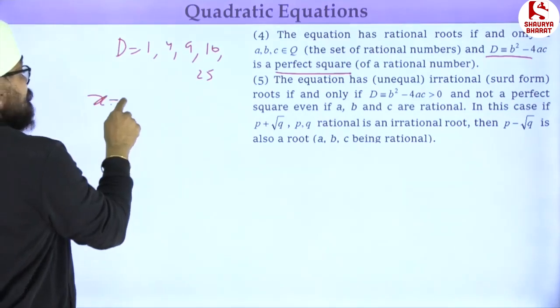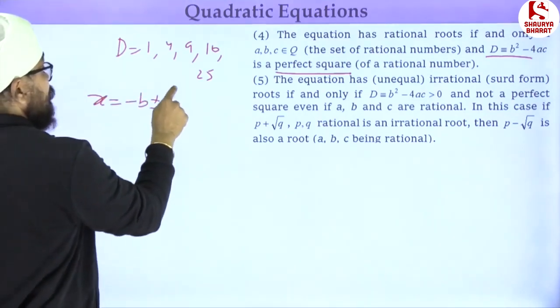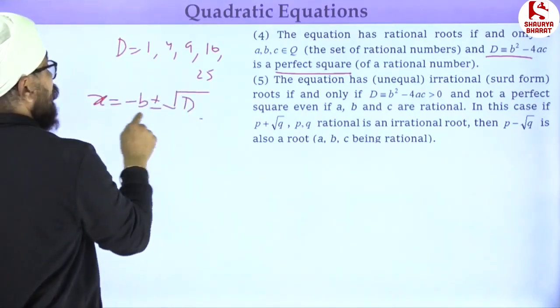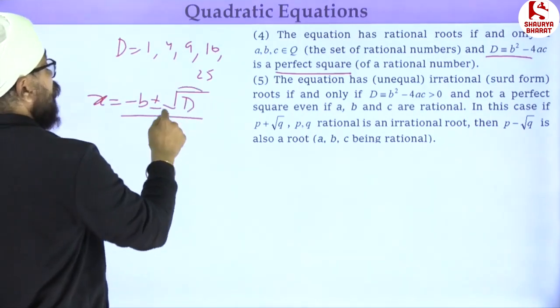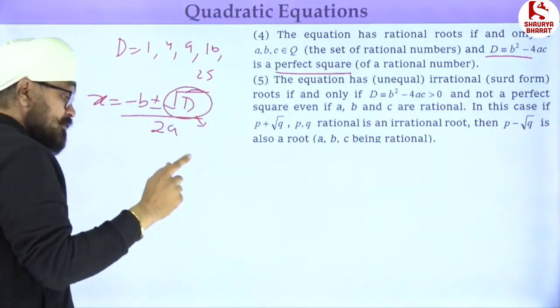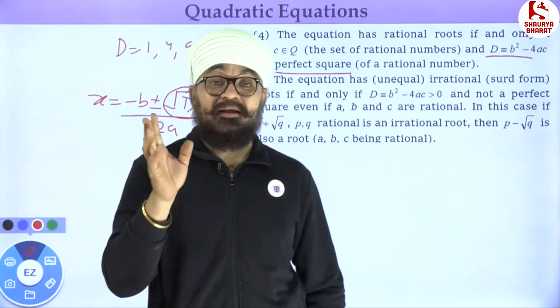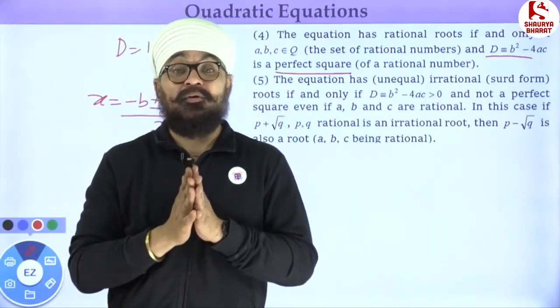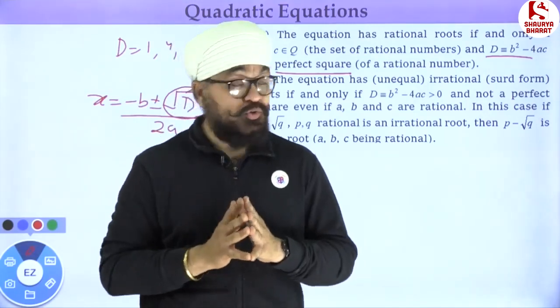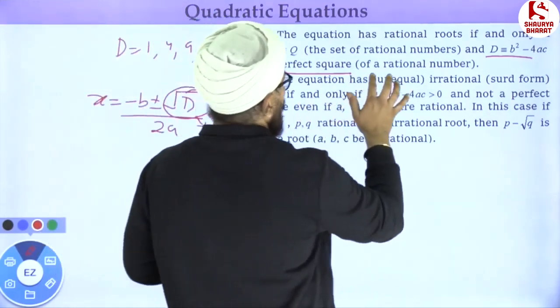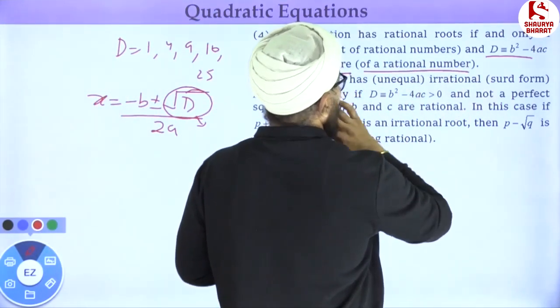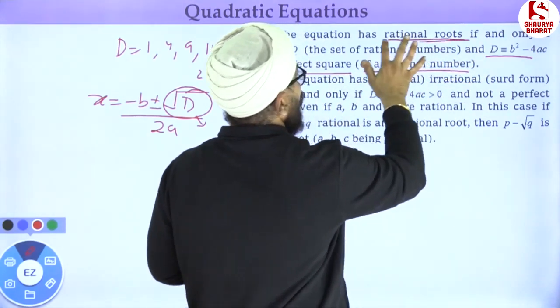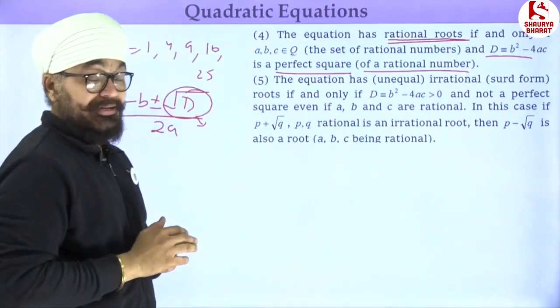Definitely in x equals minus b plus or minus root of D upon 2a, there will not be any square root, because if I put 1, 4, 9, the square root will get cancelled and we are going to get a purely rational root. So at that time we say the roots are rational roots. We will not get a square root.